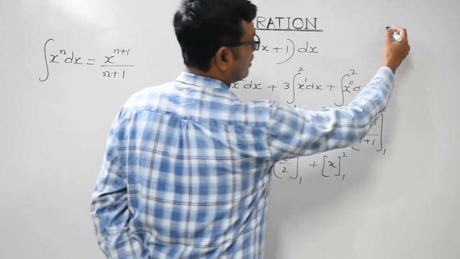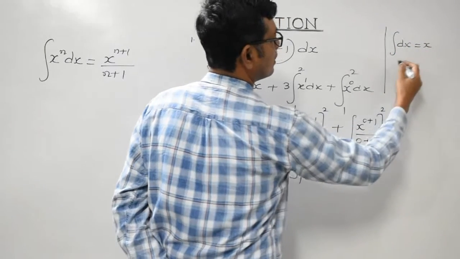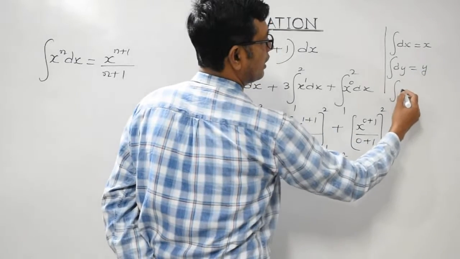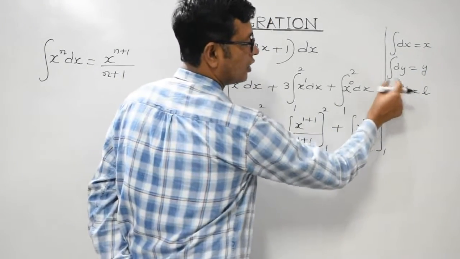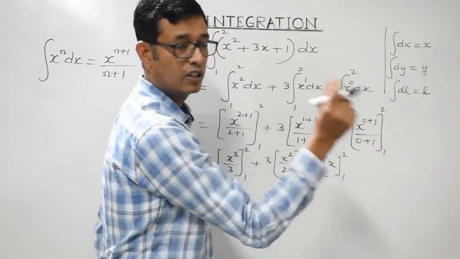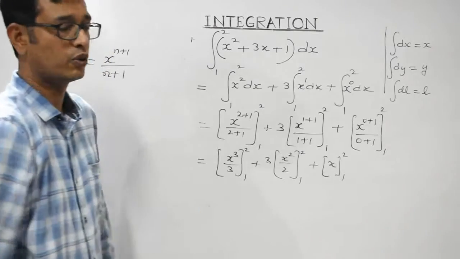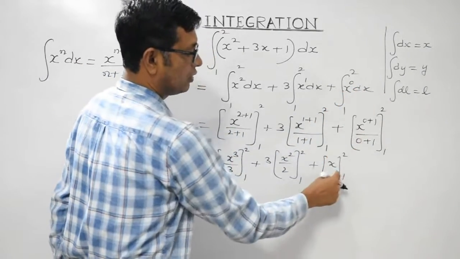Remember these results. Integration of dl would be the total length. This is a small length, and on adding those small lengths, we will get the total length. That is how we need to proceed, and I've justified how integration of dx is equal to x.